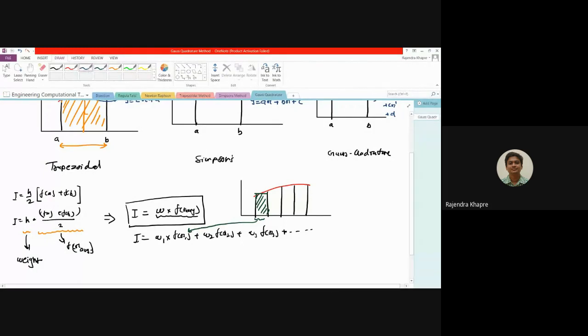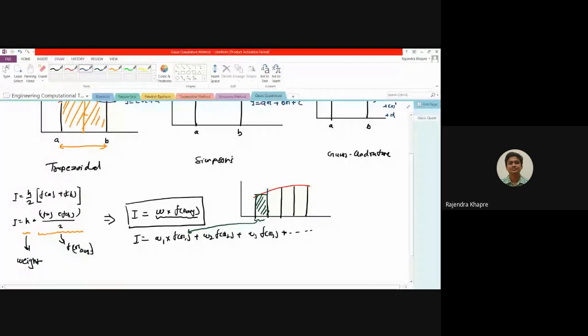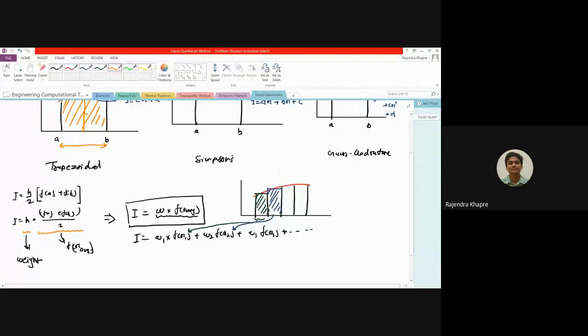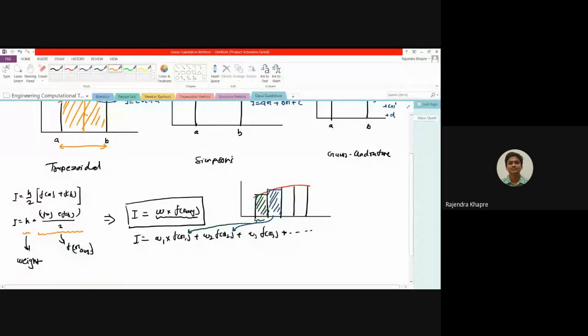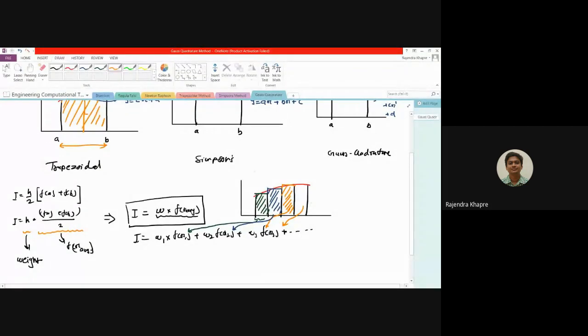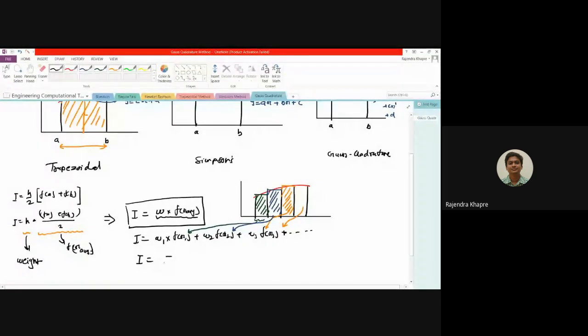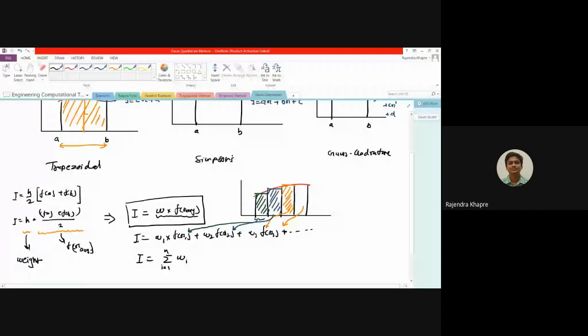Then if I take another rectangle, this is this portion, the one which is shown in blue color, so this can be represented like this. Then if I take one more portion which is like this, this will be this portion and so on, this will be another portion like this. So in general you can rewrite any integration equation as the summation of i equals 1 up to n of wi into f of xi.